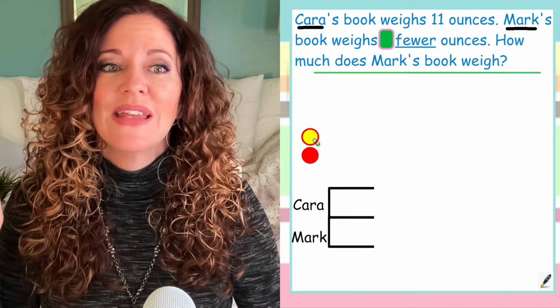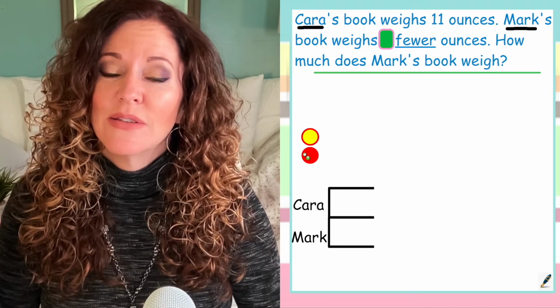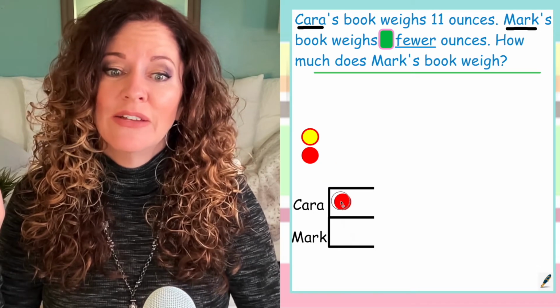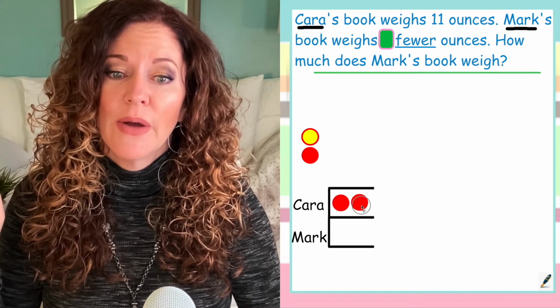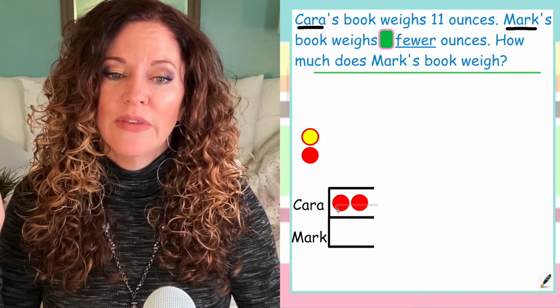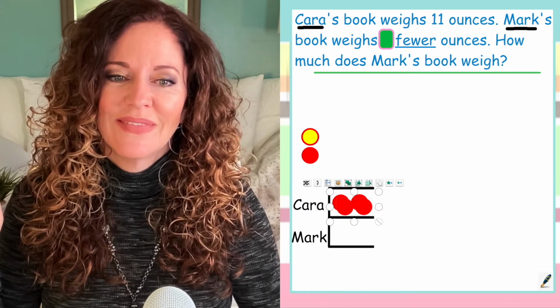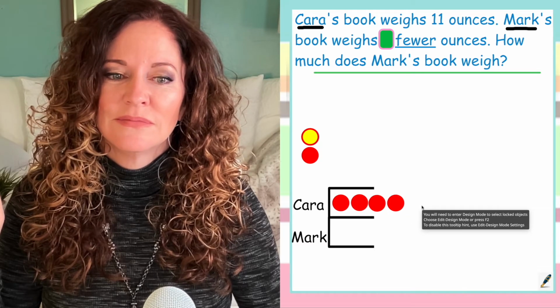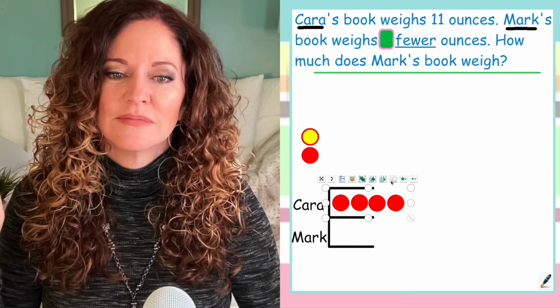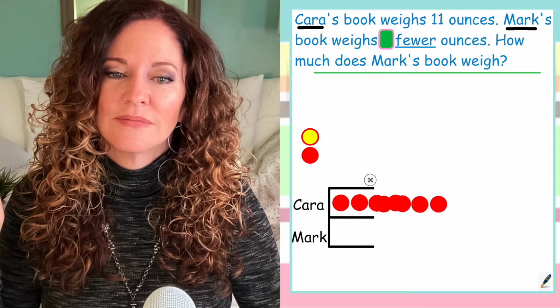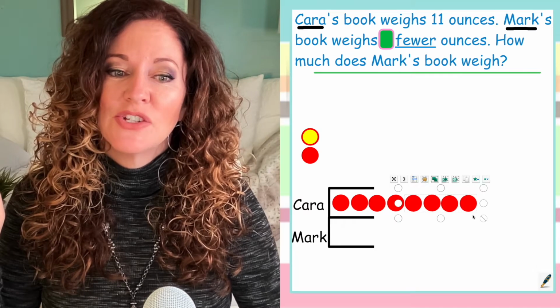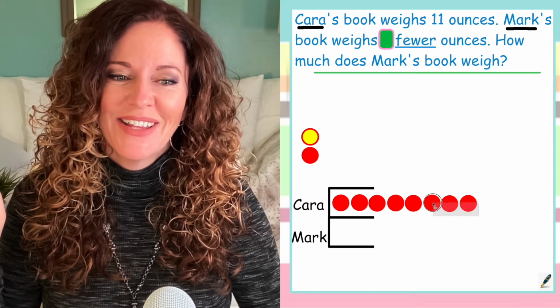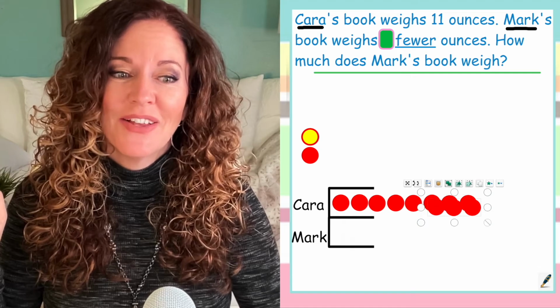Kara's book weighs 11 ounces. So this time we're going to need to get 11 red counters. And we're going to go ahead and model Kara's. You do the same. This one might take a little bit longer for you to model. Make sure that you're using just red, no yellow yet.